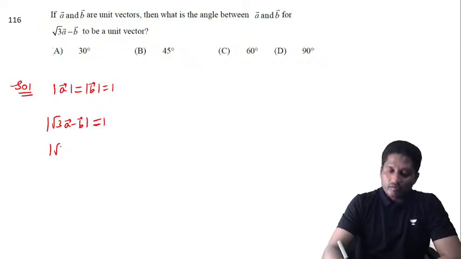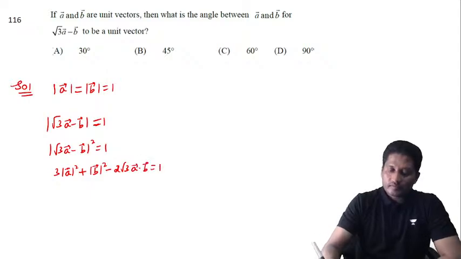If you square, you get root 3A minus B the whole square is equal to 1. Then A square plus B square minus 2 root 3 into A dot B. A square is 1, B square is 1.